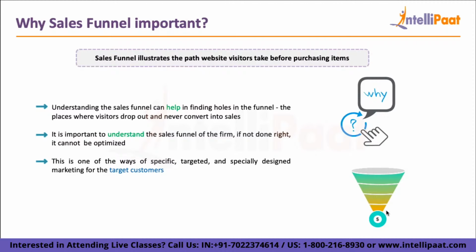There has to be a problem somewhere, because according to the funnel concept that we discussed, if I increase the traffic on my website, automatically the sales number should increase, right? And when I say the sales number should increase, obviously when you are dealing with a sales funnel, every company has a conversion ratio, and according to that ratio they can calculate, if I get this much traffic, this is the amount of sales that I should get.